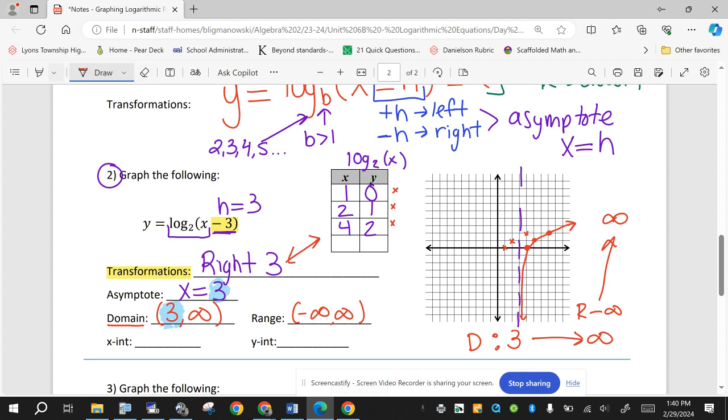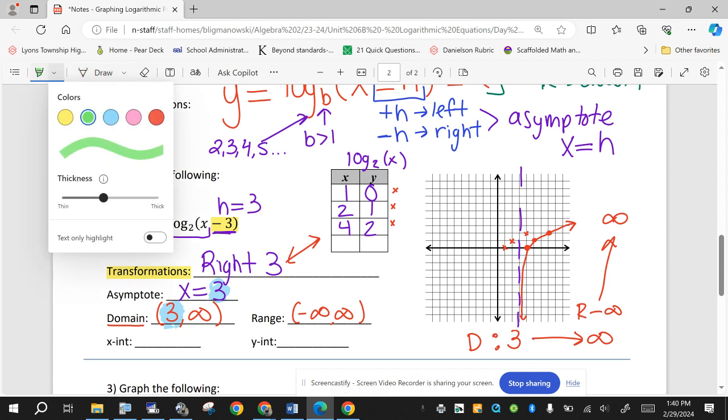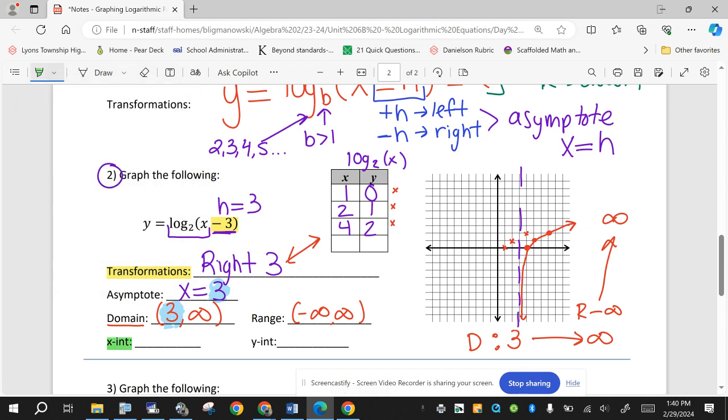So again, my x-intercept is where it crosses the x-axis, which is right here at 4, 0. And my y does not cross the y-axis, so there is none.